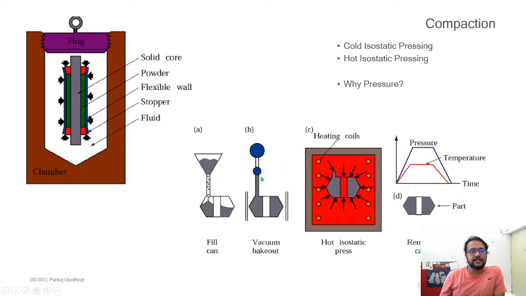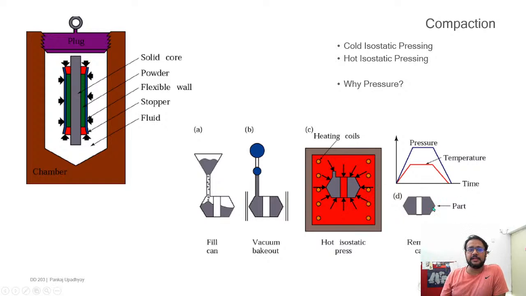Then this whole thing, along with the shell, is put inside an oven, a hot isostatic press, where temperature is applied along with the pressure. So naturally you can imagine the complexity of such a machine for doing hot isostatic pressing.